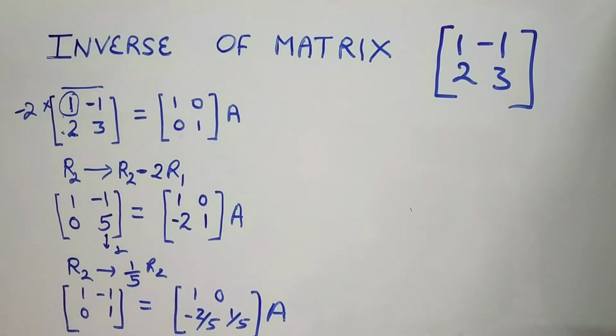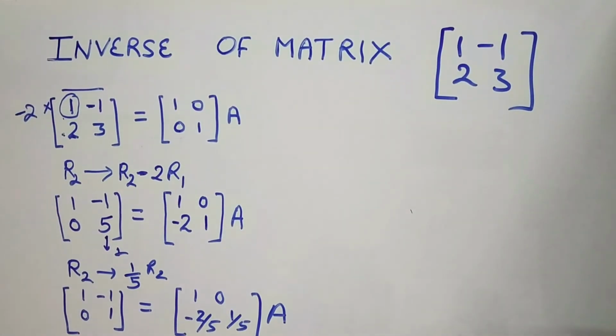Now what we will do here: we got the second row, so this is the desired row that we want, and now this thing should be 0. So how can you make this one 0? See, 1 plus minus 1 will become 0, and 0 plus 1 will be 1. So this way you can get this one.